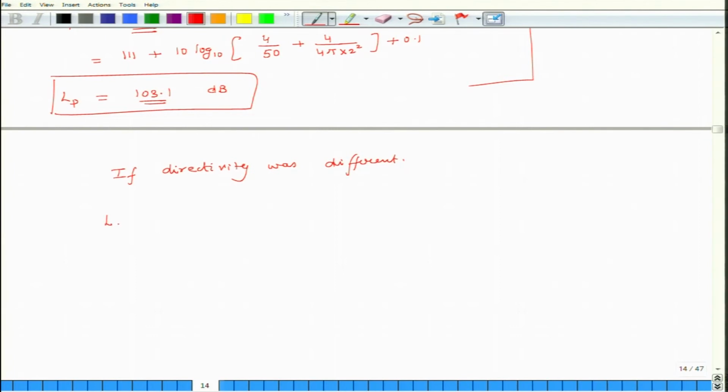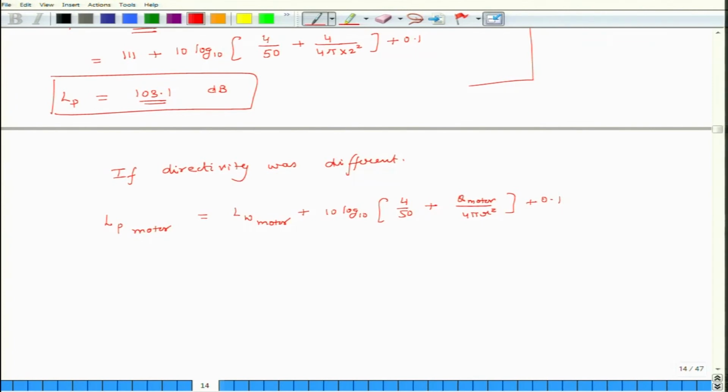First we will calculate LP due to motor. When we are doing LP motor, we will put LW for only the motor, plus 10 log 10 of 4 over 50 plus Q of motor by 4 pi r square, plus 0.1.